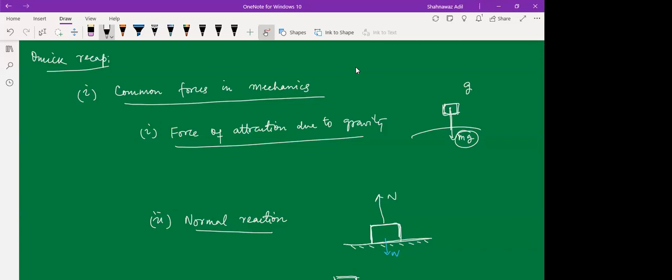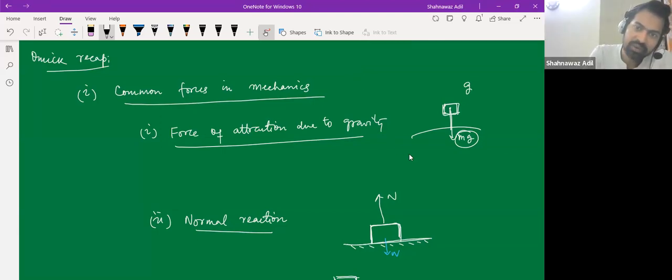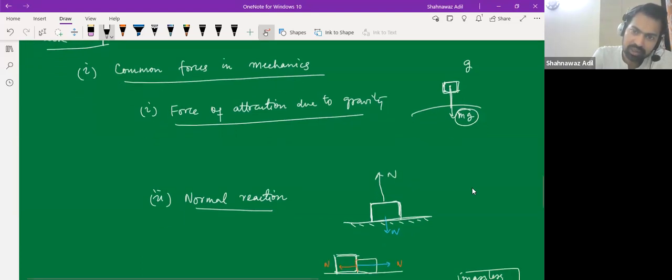Yes, Amna, can you explain free body diagram? Yeah. First note it down, and then I will explain the free body diagram with some example. In that way, you can learn it better. So quickly note it down.